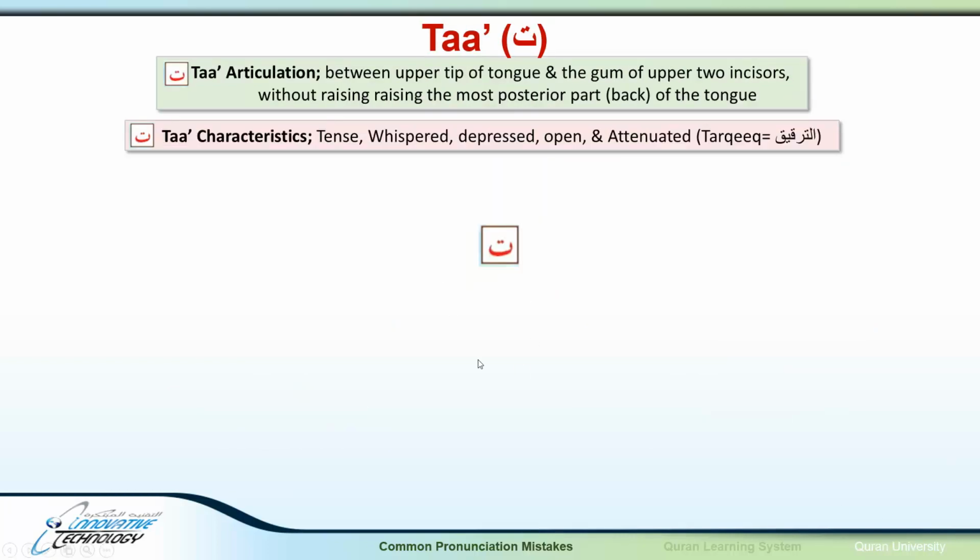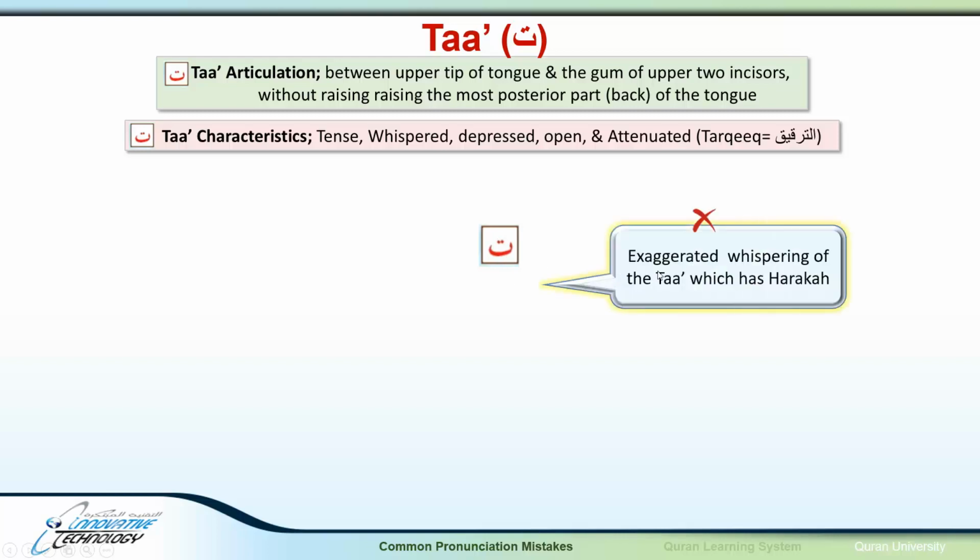Let's proceed now with the common mistakes for the ta letter. The first mistake is exaggerated whispering of the ta when it has a haraka, not a sukun. Example: تَوَفَّاهُمْ. We whisper each ta more than what's necessary.